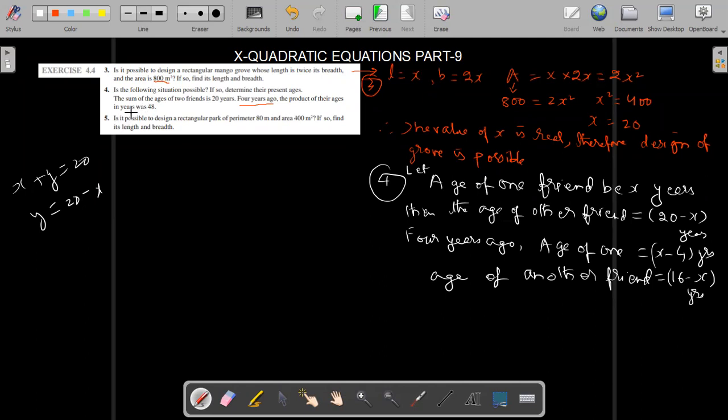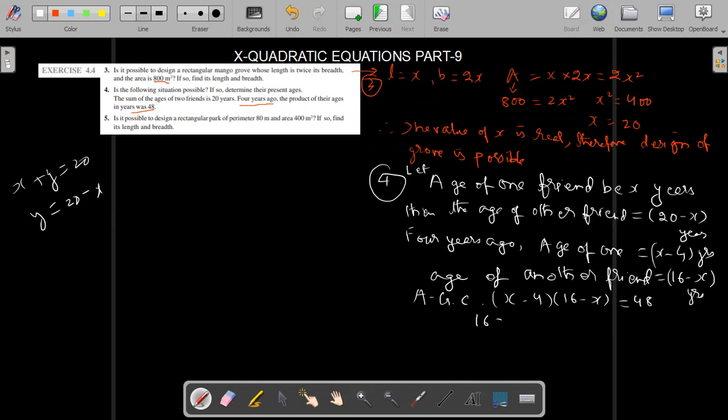Next condition is their product. This age product is 48. So according to the given condition, x minus 4 into 16 minus x is equal to 48.